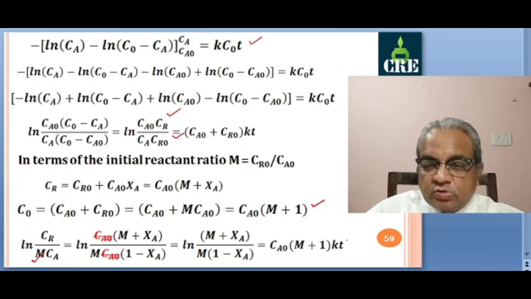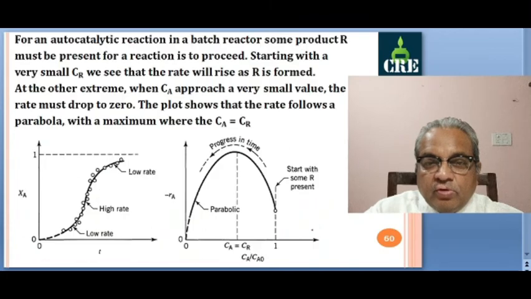So with this on the y-axis and t on the x-axis, the slope is CA0 into M plus 1 into K. CA0 is known because you know the initial concentration of A. M is known because you know the initial reactant ratio. So from the slope, if you know CA0 and M, you can easily find the value of K.